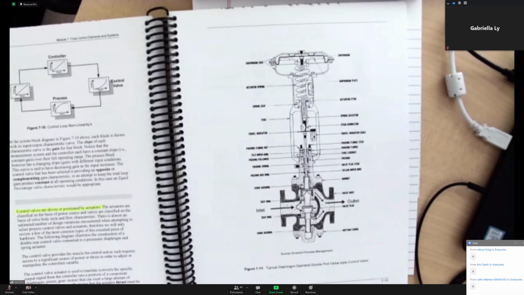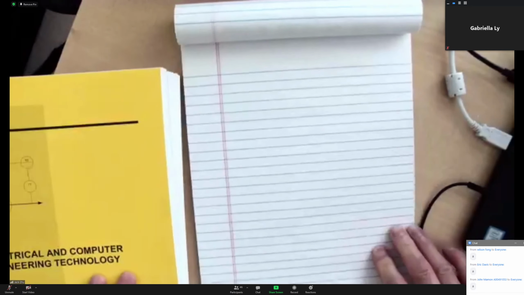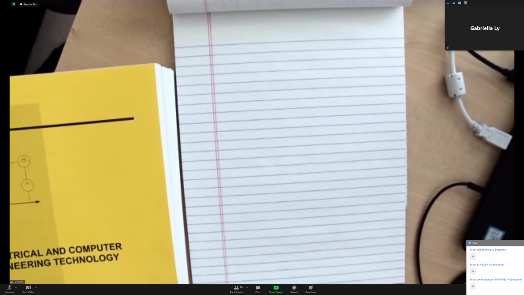Here's a few things I'd like you guys to know. They're talking about all those valves, right? So the control valve can control, can it control liquid? Can it control gas? Can it control steam? Yes, no?